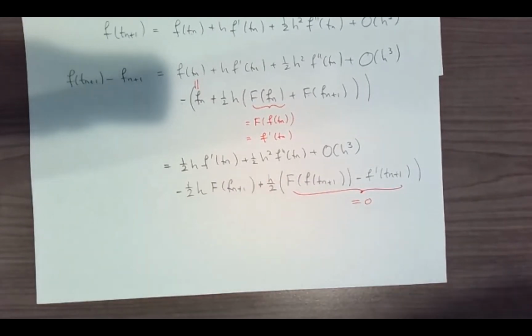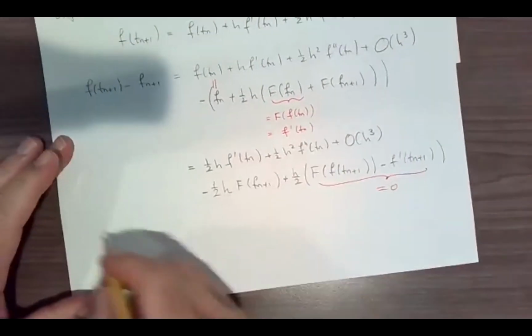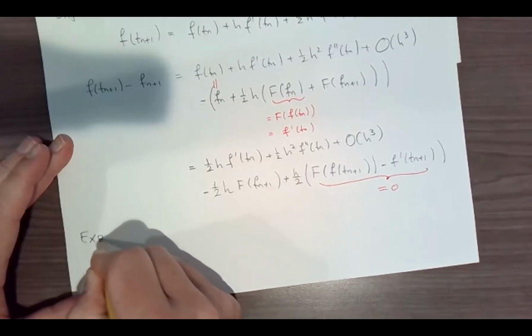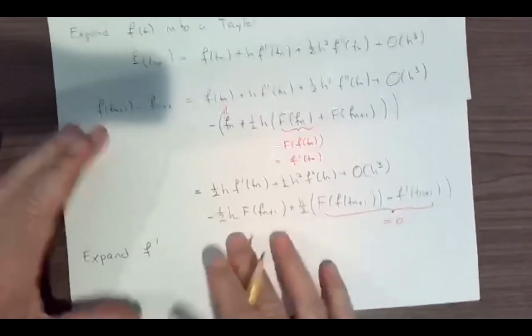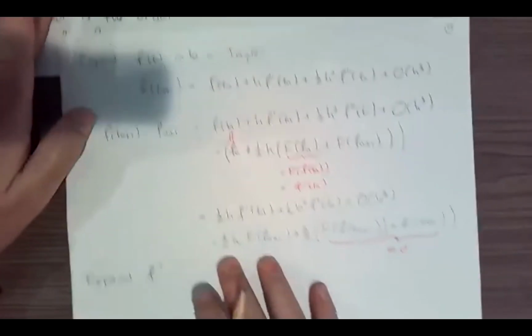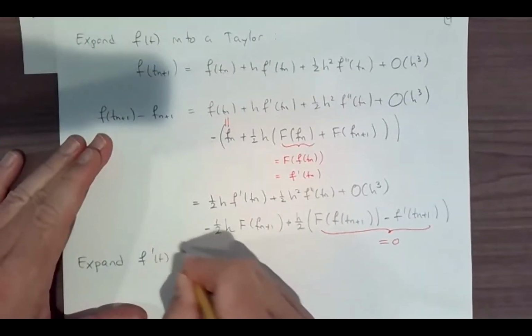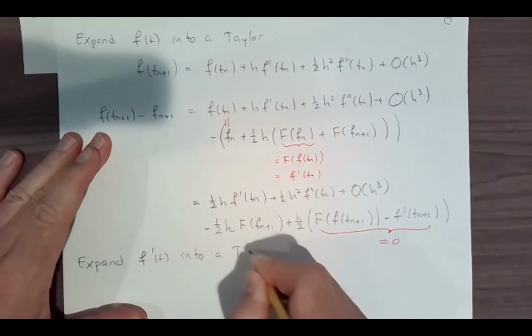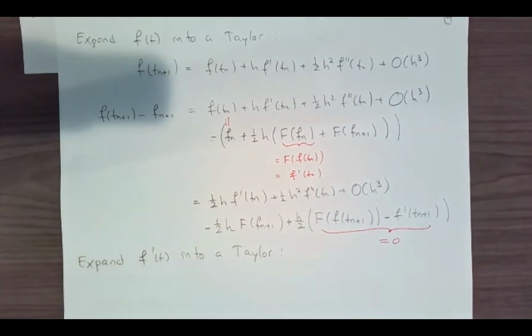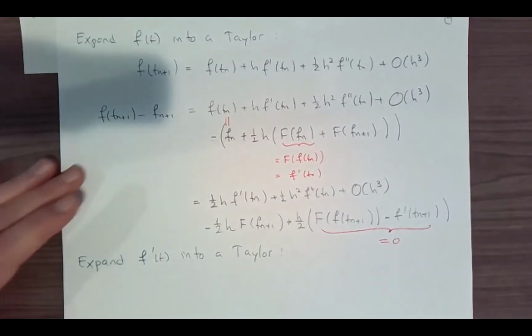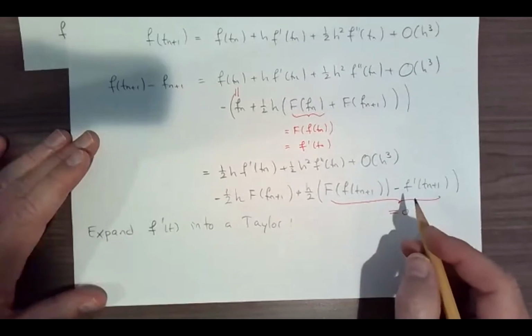So the proposal at this point is to expand f prime in a Taylor. So how many terms should we have this time around? I think we only need 2.